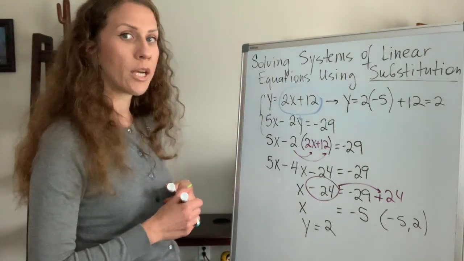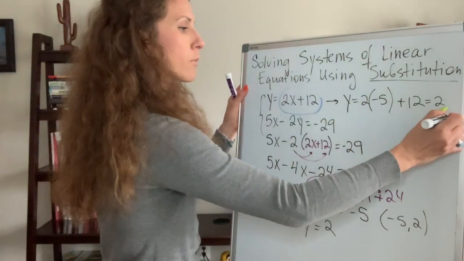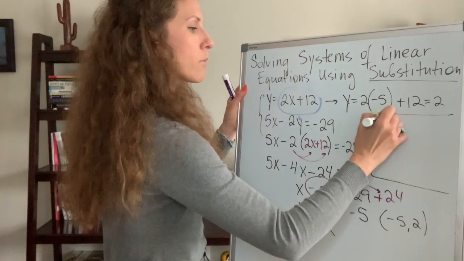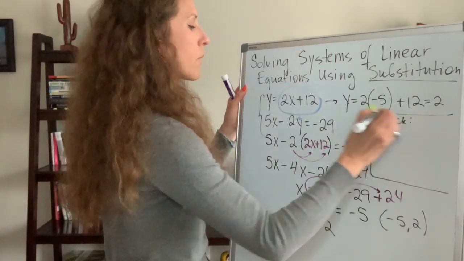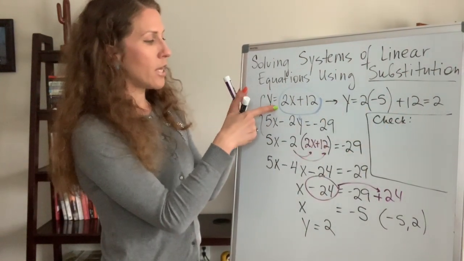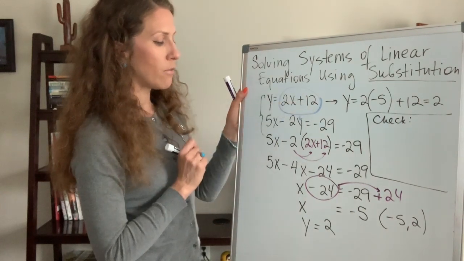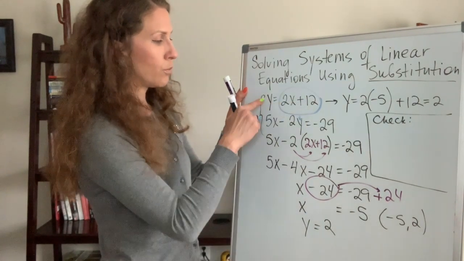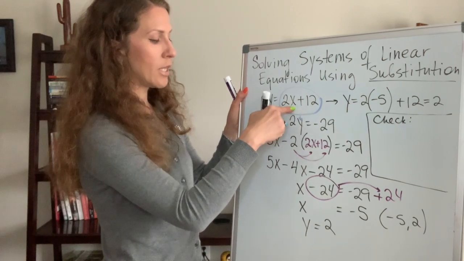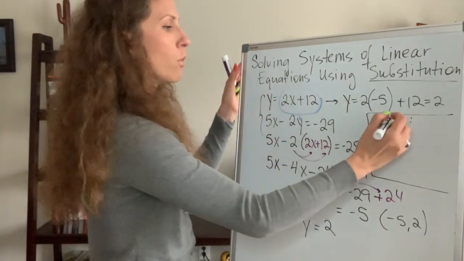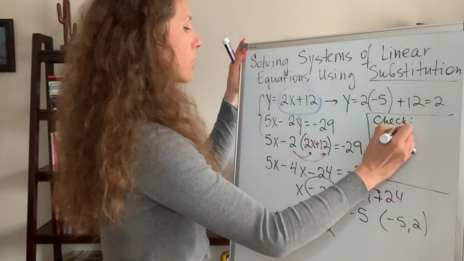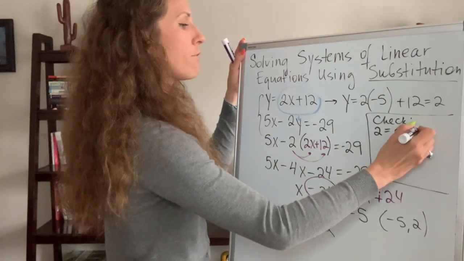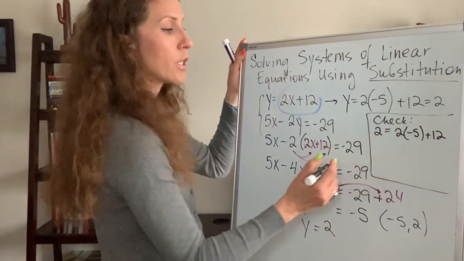So I'm going to check. Instead of y equals 2x plus 12, I will have 2 equals 2 times -5 plus 12. Let's see if it works.